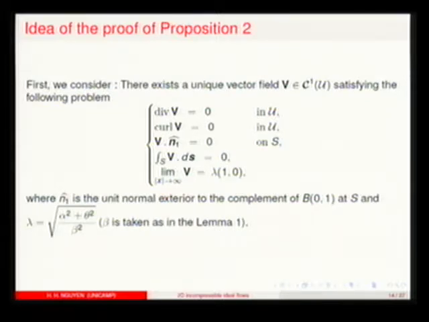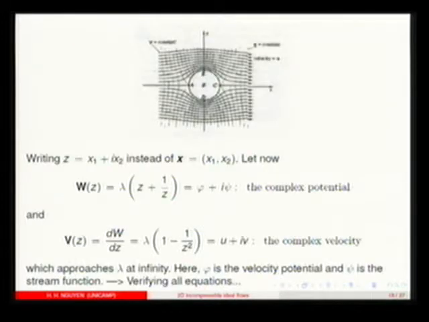To show these conditions, we just need to show the stream function is constant. It means that this flow is tangent to the circle. Then we just show psi is constant, and we get the result.